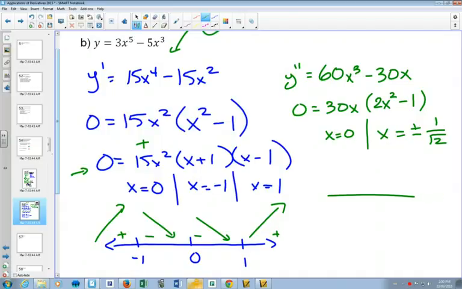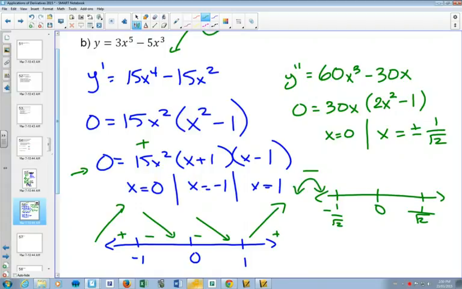Putting those on our graph here, we're going to check our values. First of all, big negative numbers: this will be positive, this will be negative, so concave down.